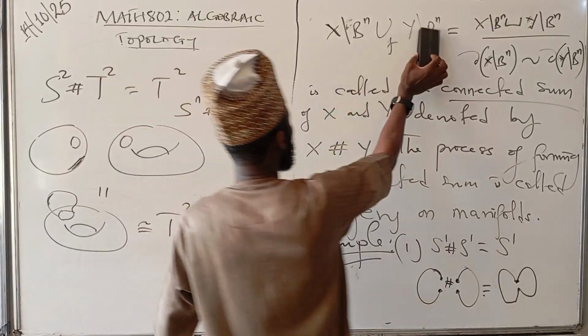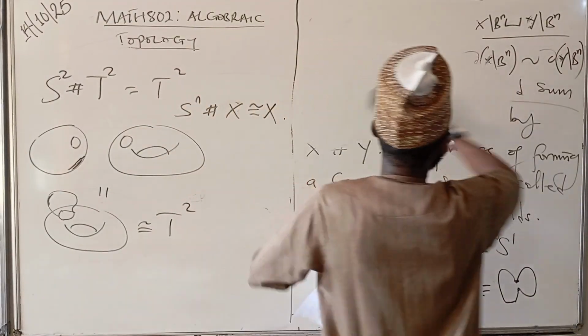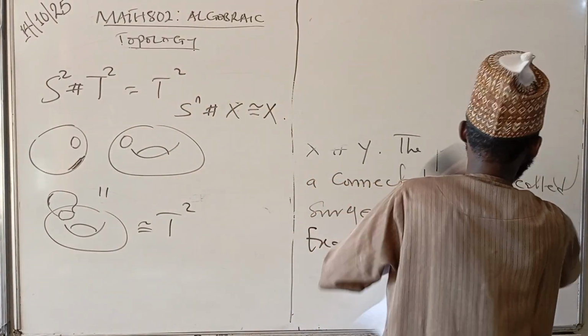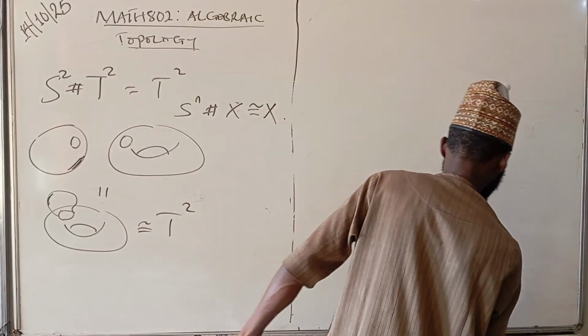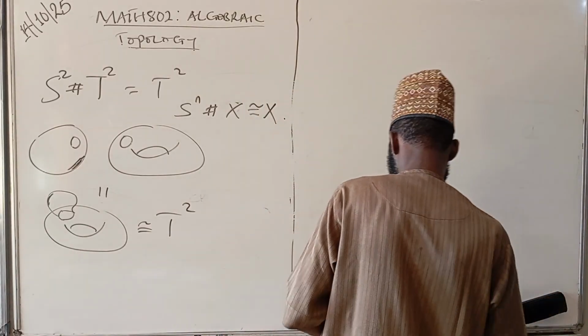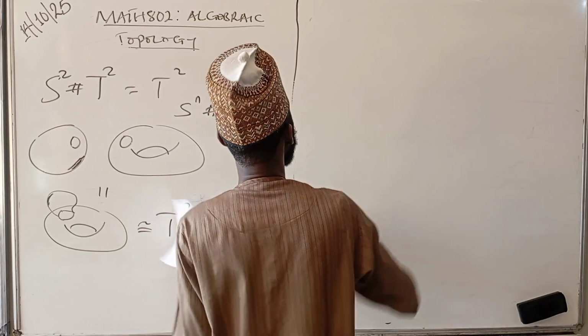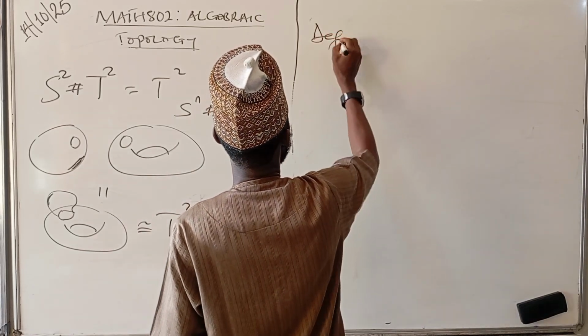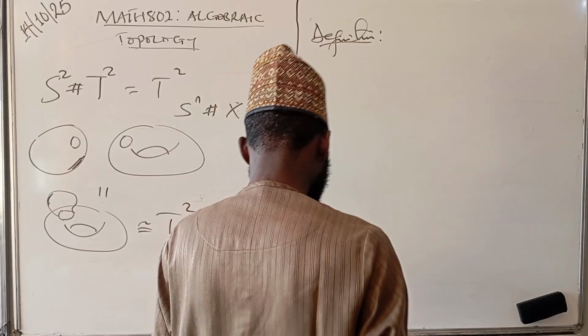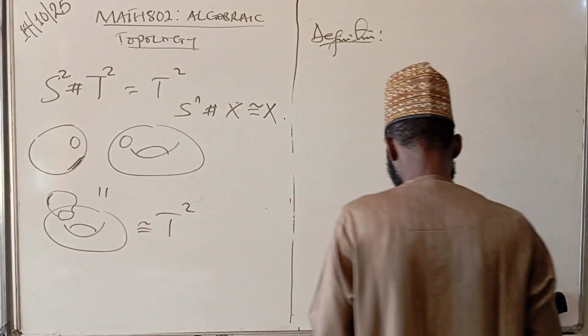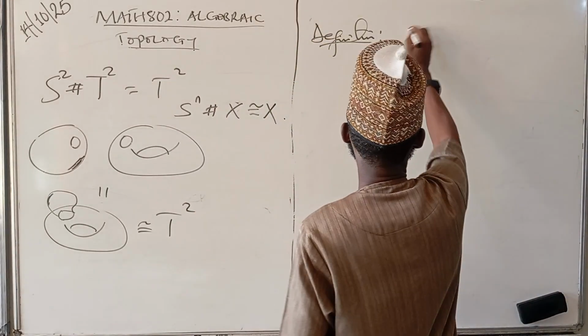So let me just define one more class of manifolds, which is very important in the theory, and that is the Riemann surface.